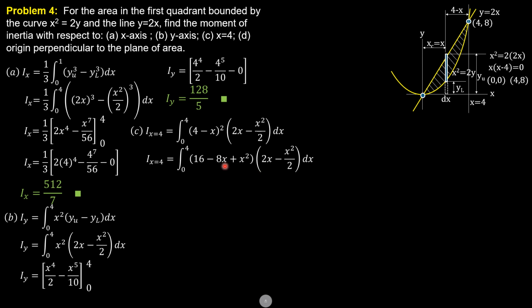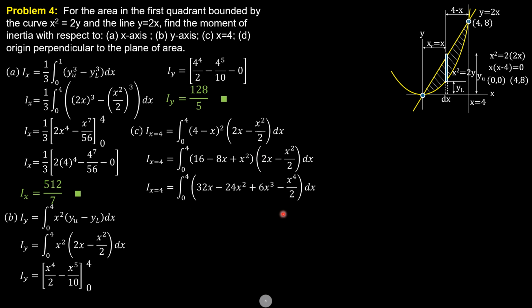Then negative 8x times negative x squared over 2, that's 4x cubed, plus this is 2x cubed, so 6x cubed combined. Then the last term is x squared times negative x squared over 2, which is negative x to the fourth over 2. So therefore, the net expression for I with respect to x equals 4 equals integral 0 to 4 of quantity 32x minus 24x plus 6x cubed minus x to the fourth over 2 dx.